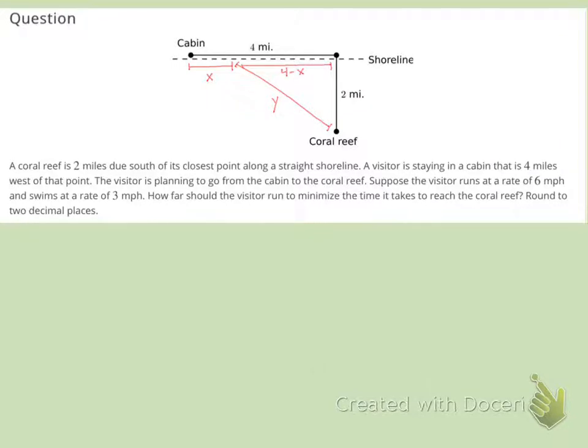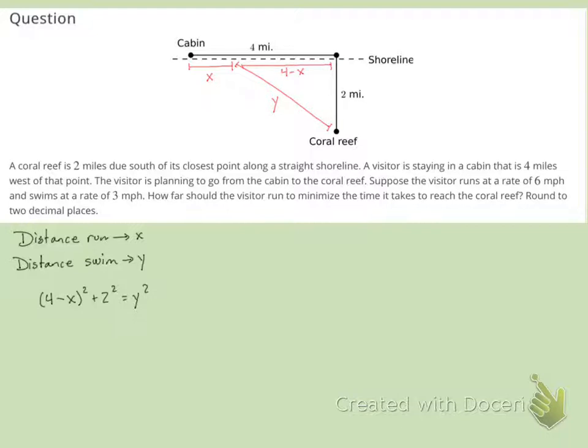The distance that we are running is X, and the distance swimming is Y. And we know that if we take 4 minus X squared plus 2 squared, we will get Y squared using the Pythagorean theorem.